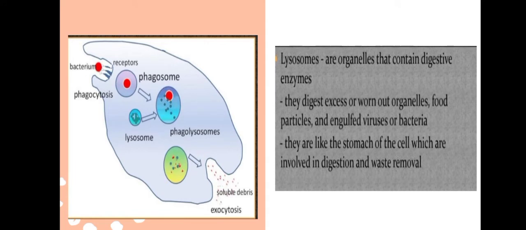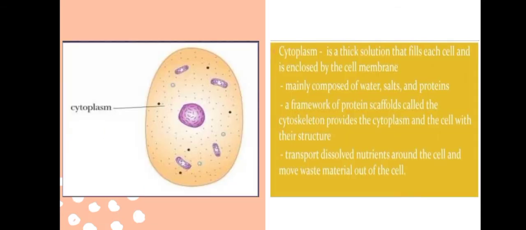And next is the lysosomes. These are organelles that contain digestive enzymes, and they digest excess or worn-out organelles, food particles, and engulfed viruses or bacteria. And they are like the stomach of the cell, which are involved in digestion and waste removal. Next is cytoplasm.